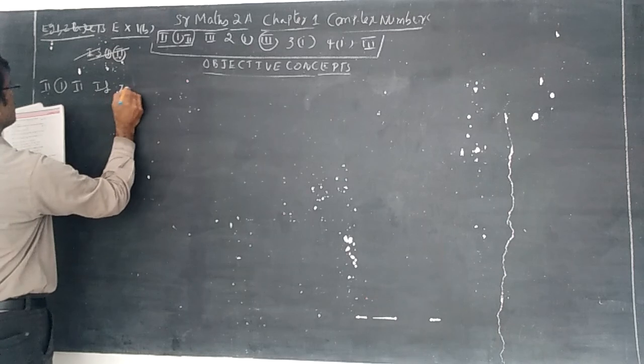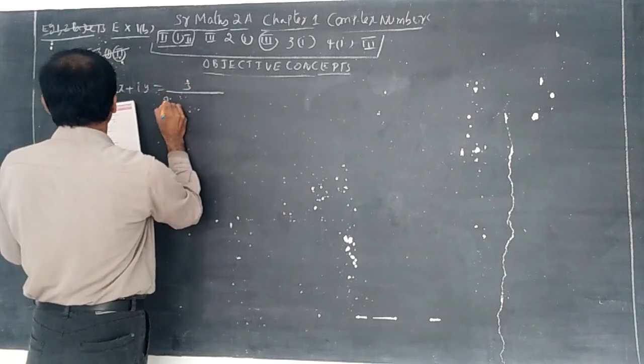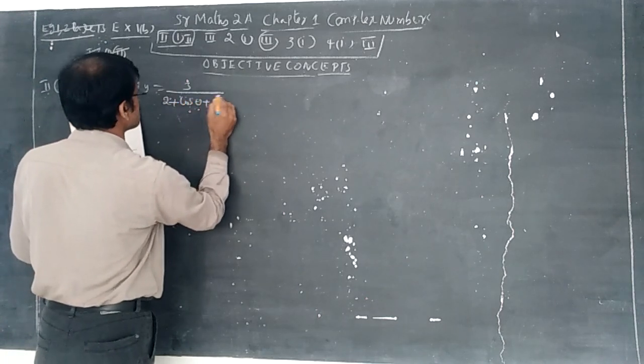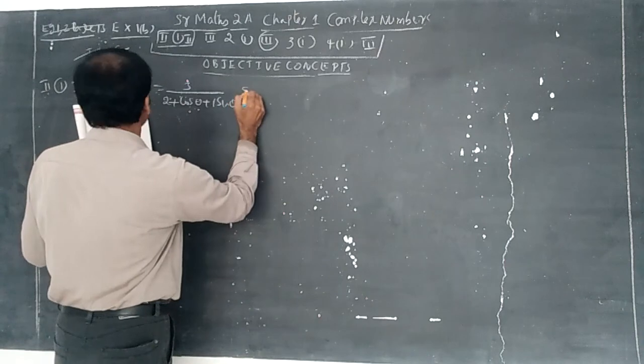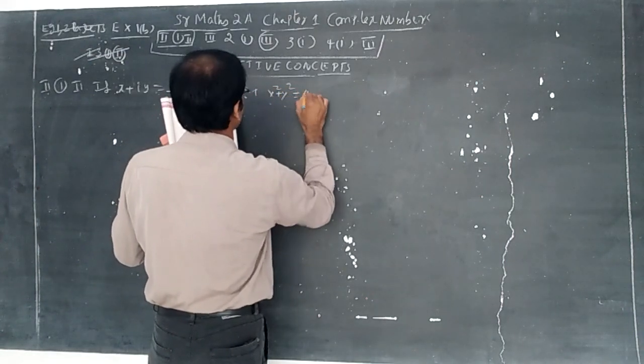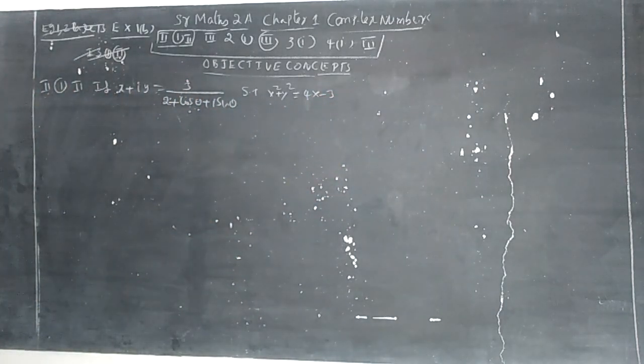If x plus iy is equal to 3 by (2 plus cos theta plus i sin theta), show that x square plus y square is equal to 4x minus 3.